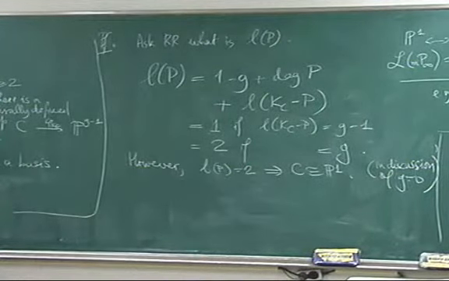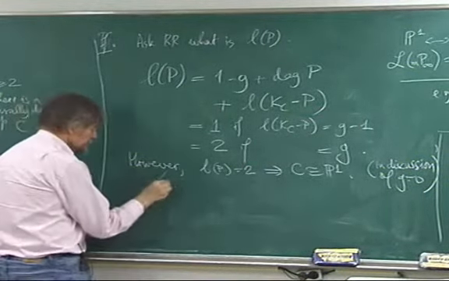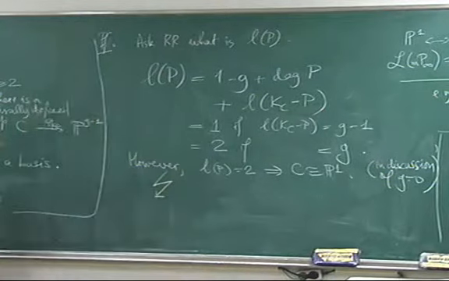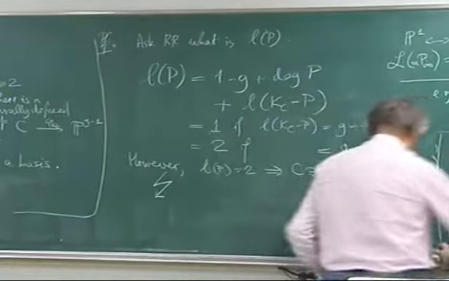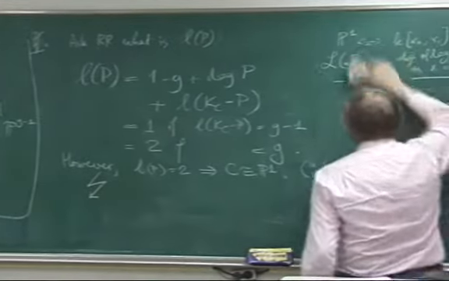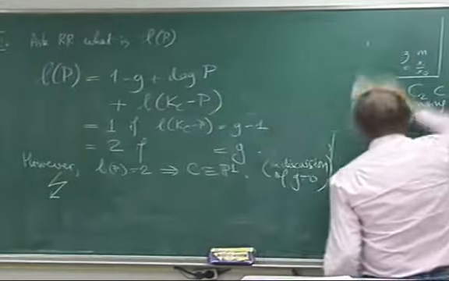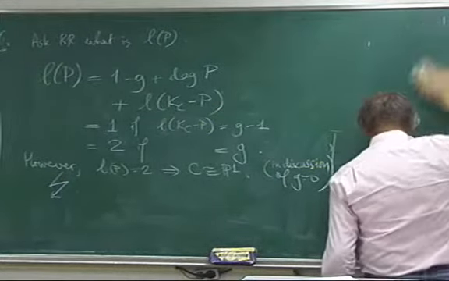Right, and so this is impossible. Yes, and so we get this. So the conclusion is that this tells us something about this map to P^(G-1).